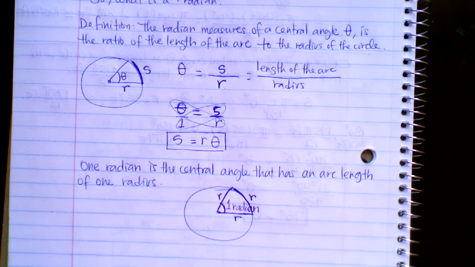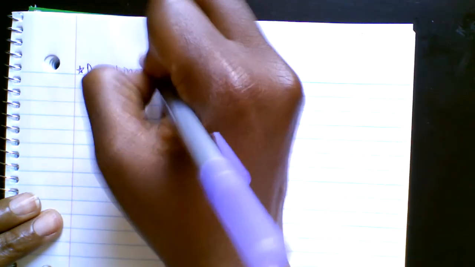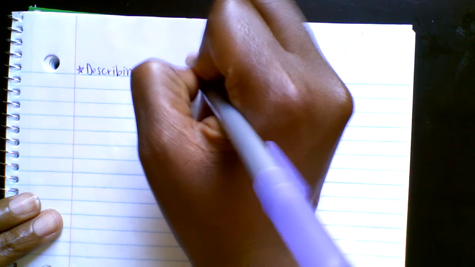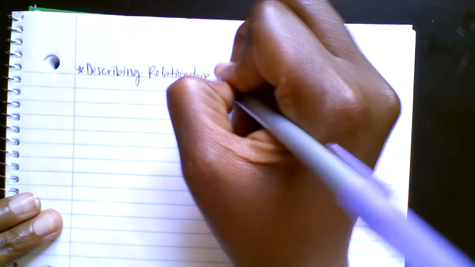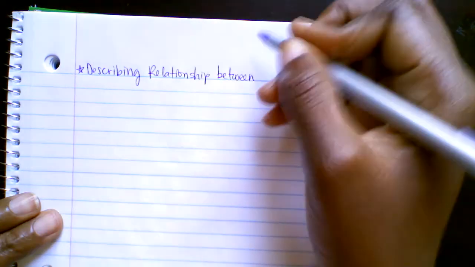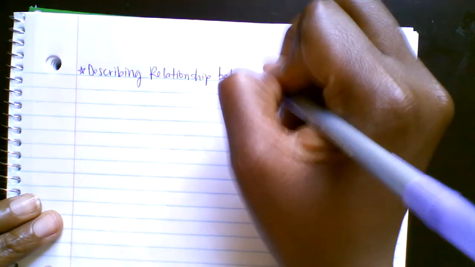Okay, so I described the radian measurement. Next I want to describe the relationship between degrees and radians.